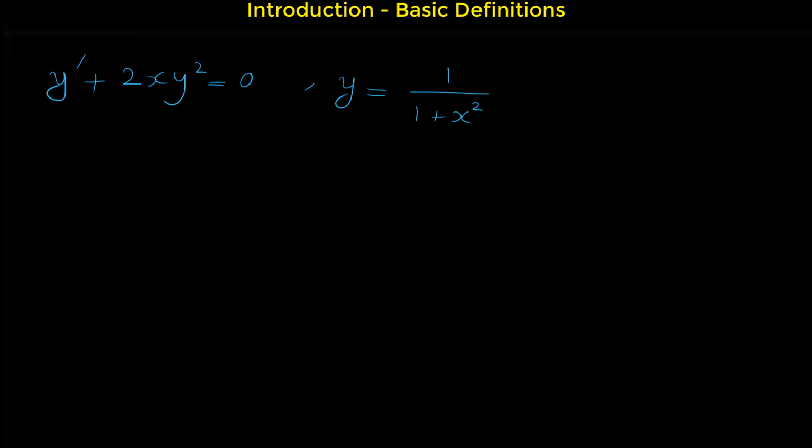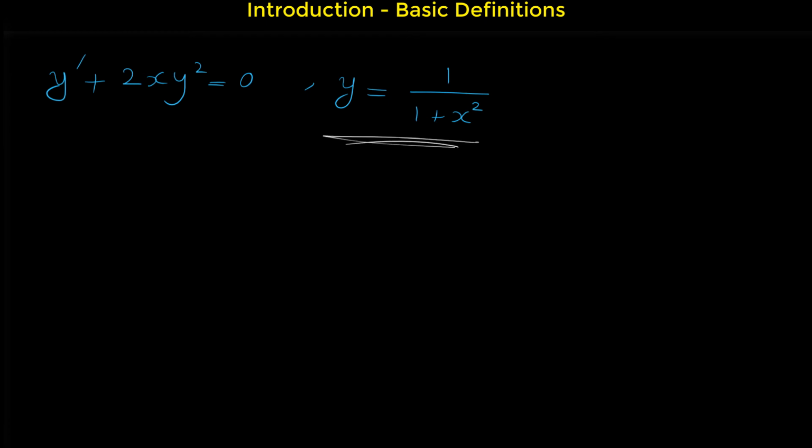We want to verify if this function is a solution for this differential equation. First, as usual, we have to find y prime. Note that this is a first order differential equation because the highest derivative that appears in this differential equation is y prime, so this is a first order differential equation.